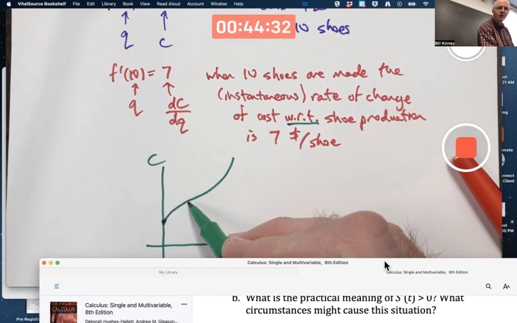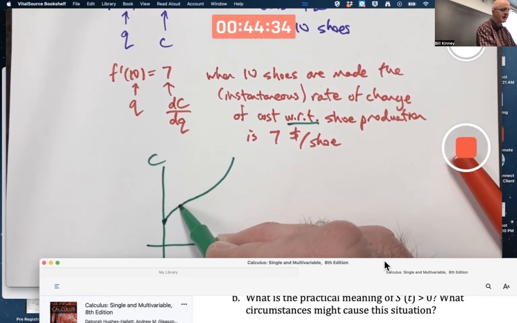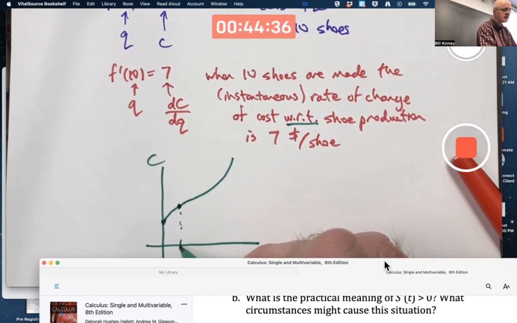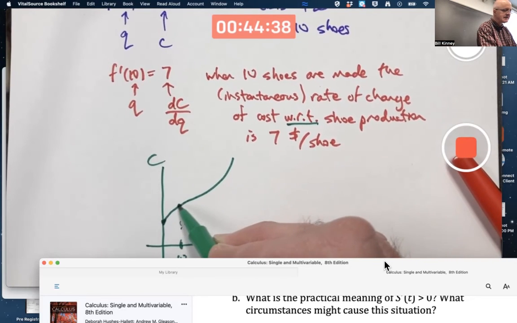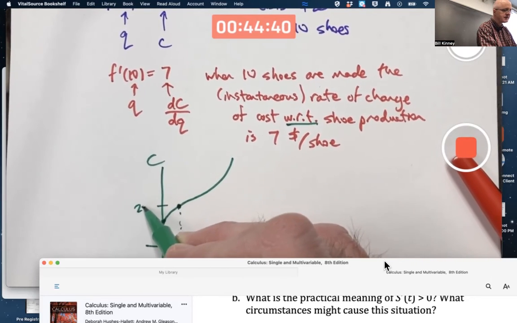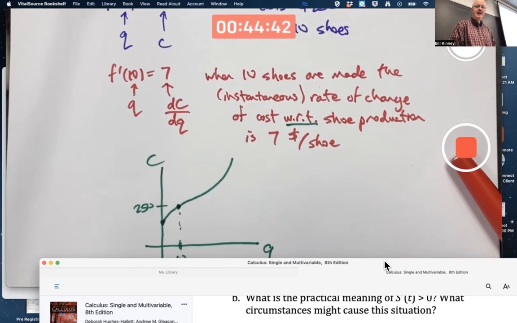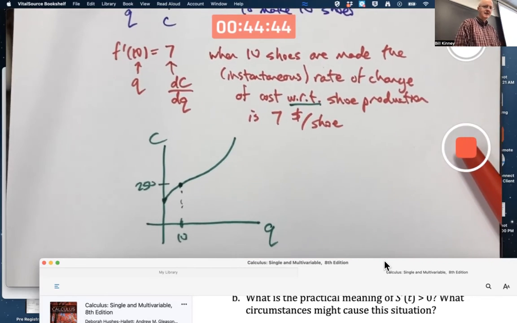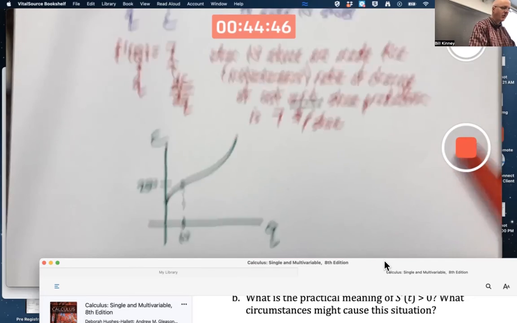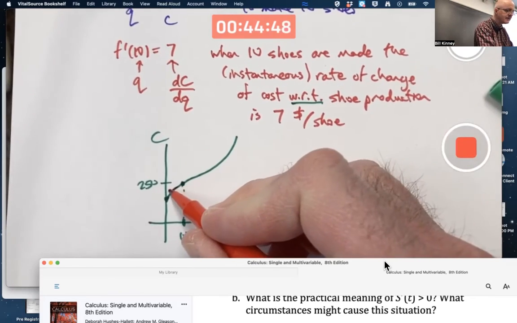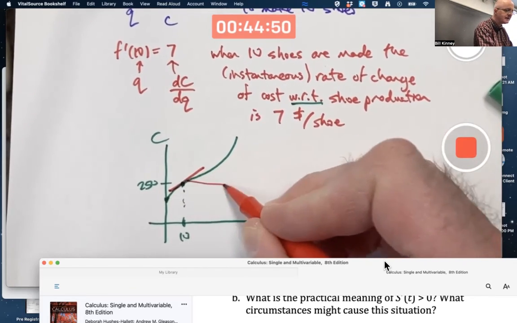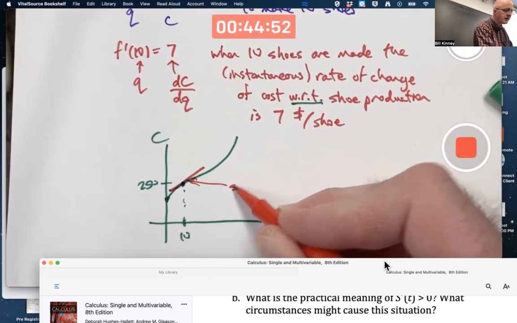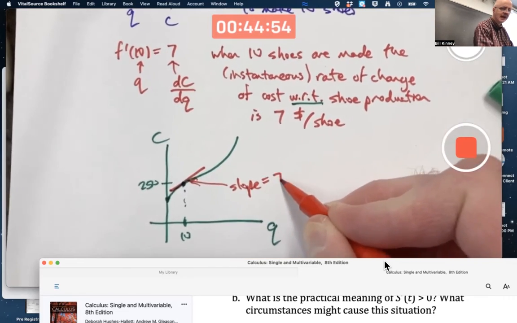Anyway, graphically, we can interpret the information we have as saying that when Q is 10, C is 250, and the slope of the tangent line at that point is 7. I draw the tangent line, the slope is 7.